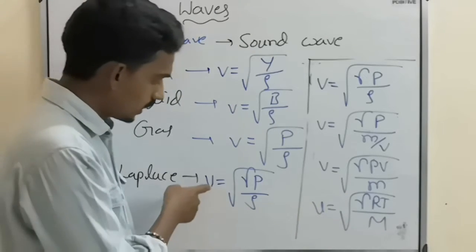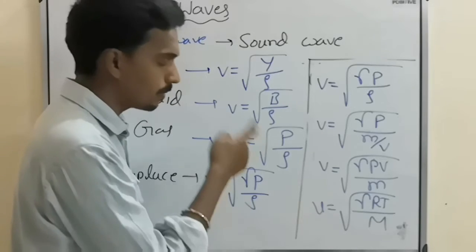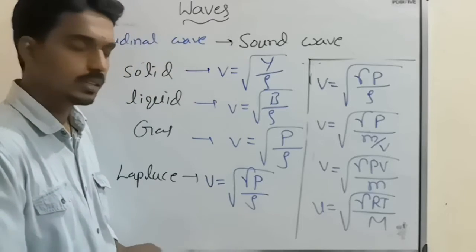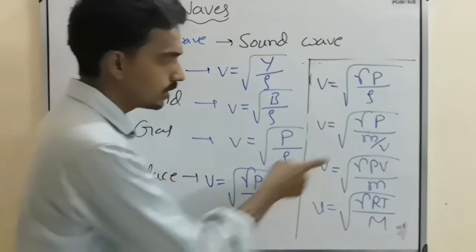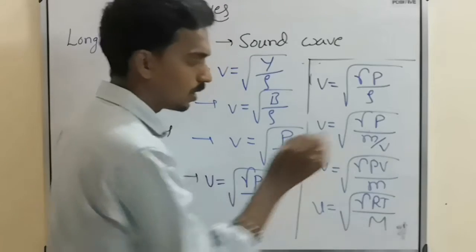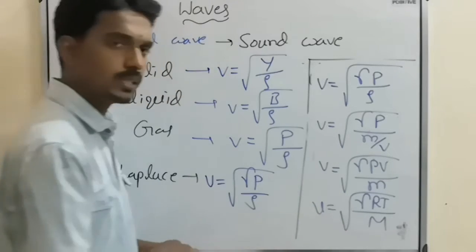But don't think that velocity or speed depends on pressure, because here if you consider density, it is mass by volume, then pressure into volume. So as pressure changes, volume also changes.